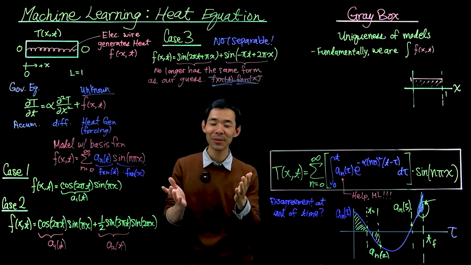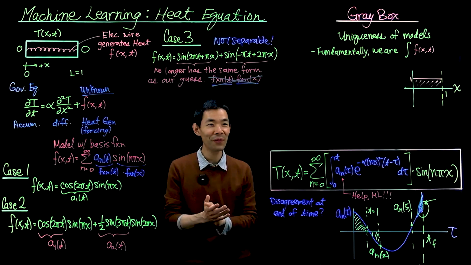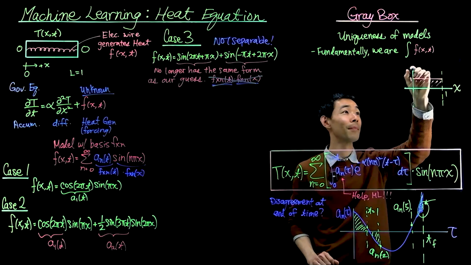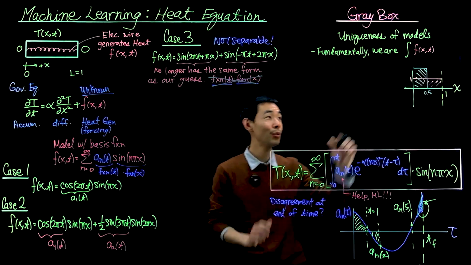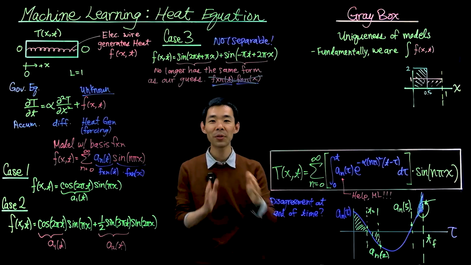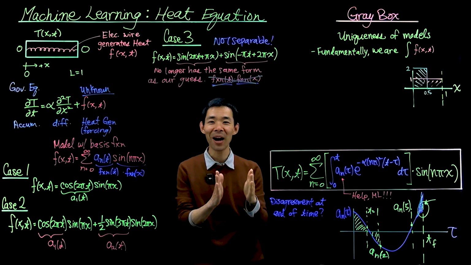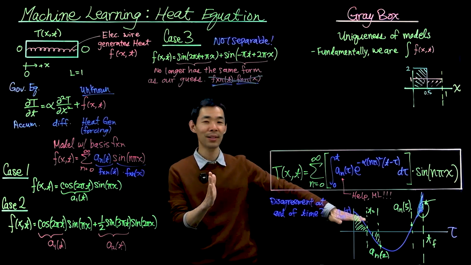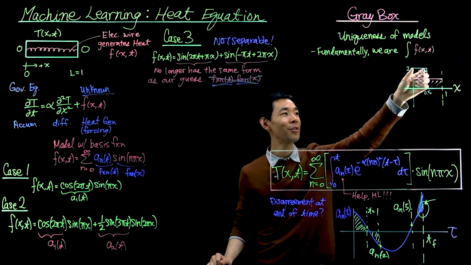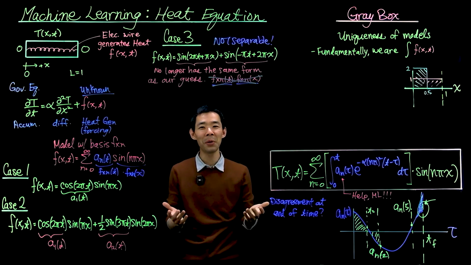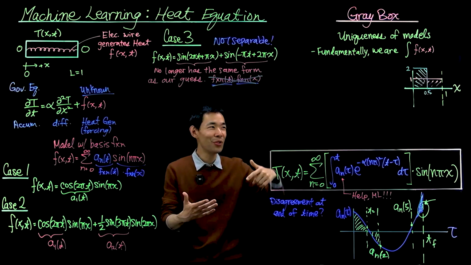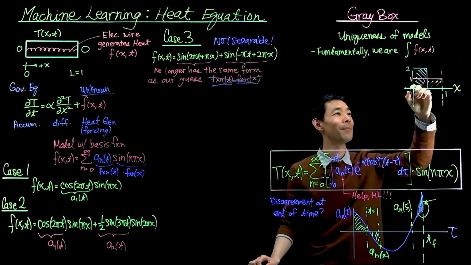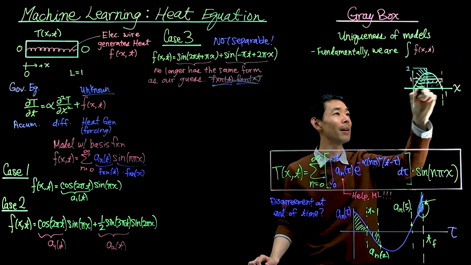Well, someone else might say, oh, I can draw a different function also with an area of 1. Here what I've done is draw a rectangle with height equal to 2 that goes only half the distance to 0.5, goes down to 0, and then stays at 0 all the way. So the area under the curve of this rectangle is also equal to 1. Well, you can get the point here. I can draw any number of curves. I can draw a parabola.